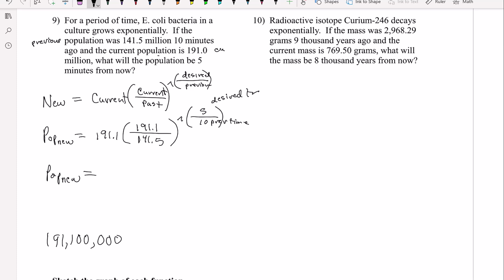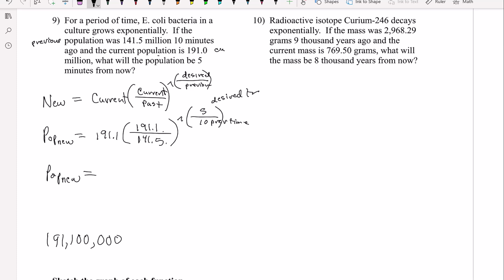I better type it in that way because I don't want to have to type in all those zeros. So I'll type 191.1 parentheses 191.1 divide 141.5 parentheses, the caret button. We're raising that to 5 divided by 10. If you put 0.5, that's fine as well.